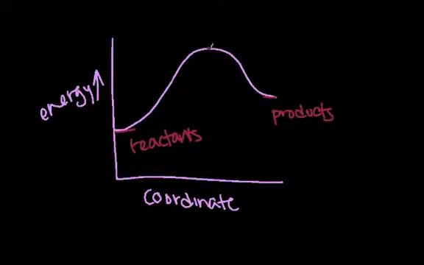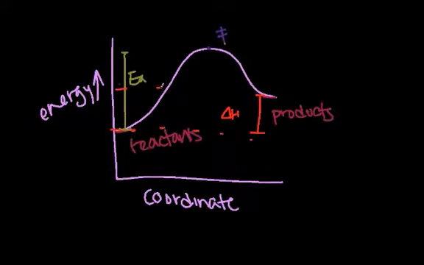And once again, here we will have our transition state, and as we can see, the change in energy here is our activation energy, and the change in enthalpy will be equal to the difference in energy between the products and the reactants. Because this time the reactants is at a lower energy level than the products, we know that this reaction is endothermic and that delta H is greater than 0.